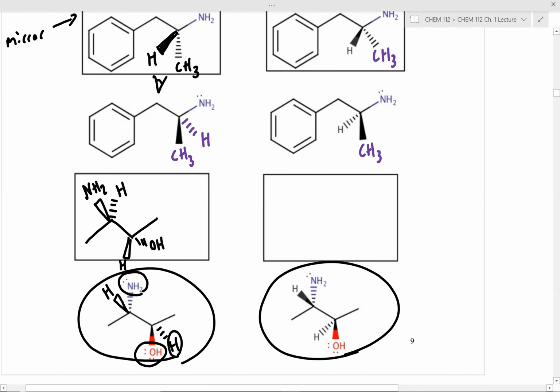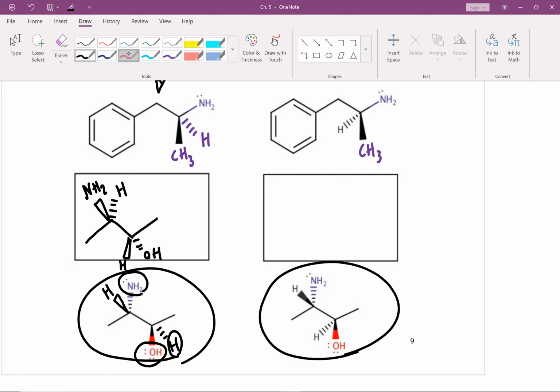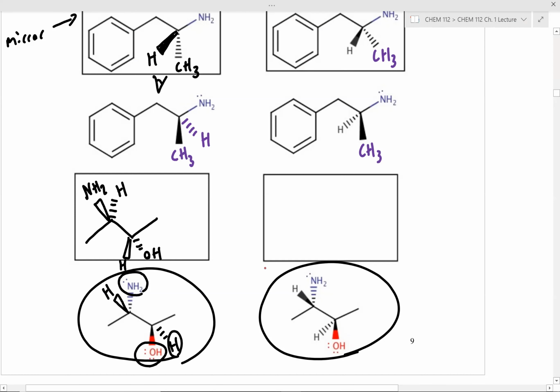Perfect. So we just inverted the stereochemistry at each of our stereocenters, keeping all of our other substituents in exactly the same relative orientation.